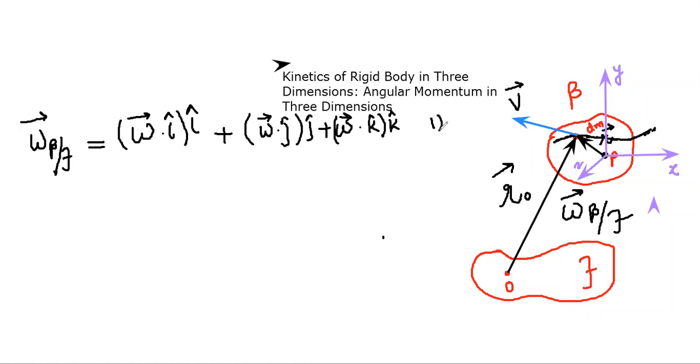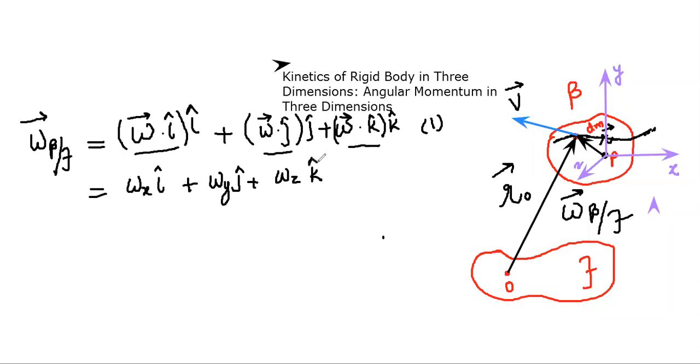These are the three components of this angular velocity, along x-axis, y-axis, and z-axis. We write omega dot i as omega x, so this is omega x i cap plus omega y j cap plus omega z k cap, where omega z is the component of angular velocity along z-axis. These are the three components.